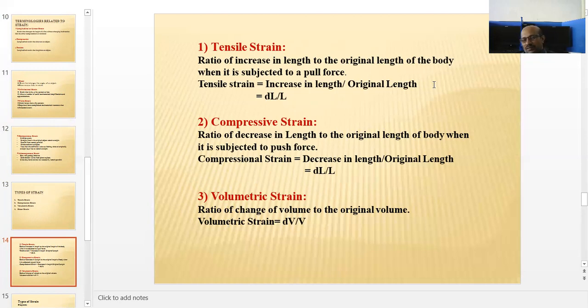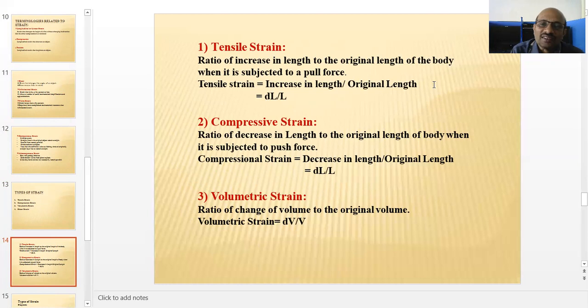We showed three diagrams where one object is being pulled. At that time, it is the change in length divided by the original length. Suppose the original length is 10 meters and the changed length is 11 meters. So 11 by 10, that is called tensile strain.